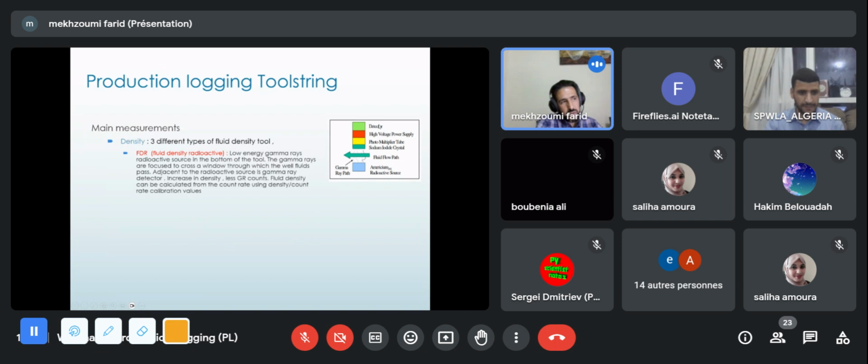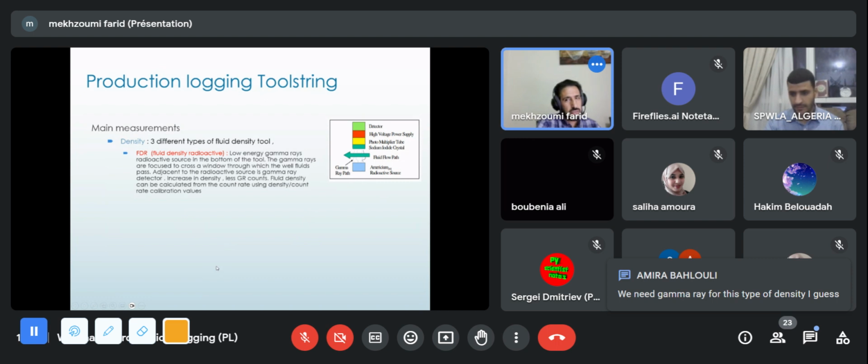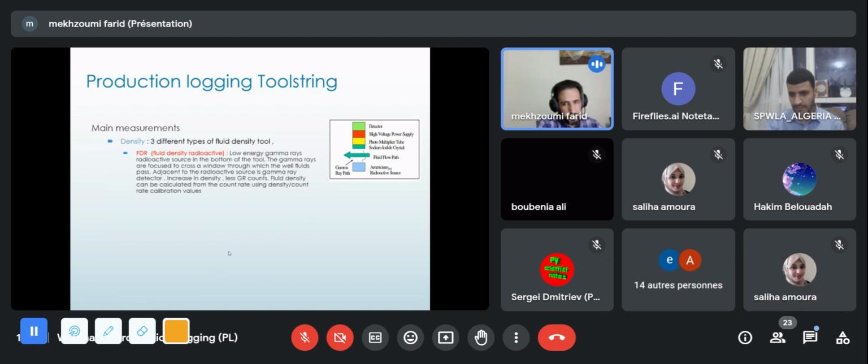So the advice, when we run radioactive fluid density, is always to ask our field engineer to make a 3-point calibration, not 2. I mean, he takes air, and he takes, let's say, diesel, fresh water, and salt water. 4 is better. So this is for the radioactive.